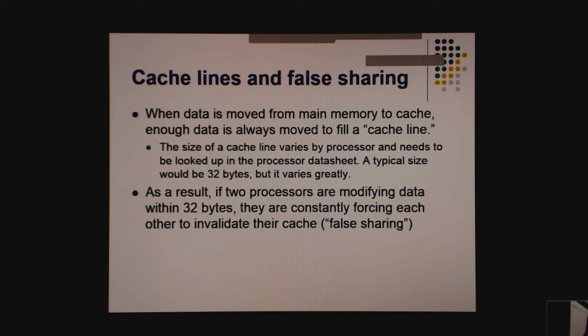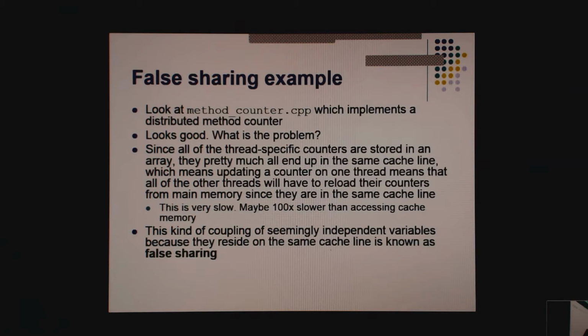You have two variables that appear to be independent of each other, and your program will work correctly, but every instruction will take hundreds of cycles to run instead of single-digit cycles, because they're both modifying data in the same cache line, and processors just check if the cache line was modified.